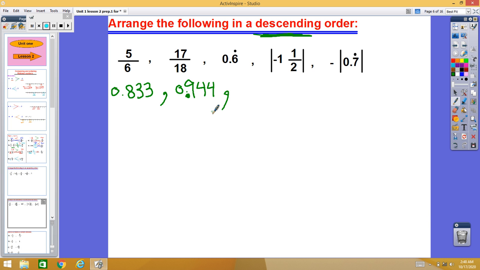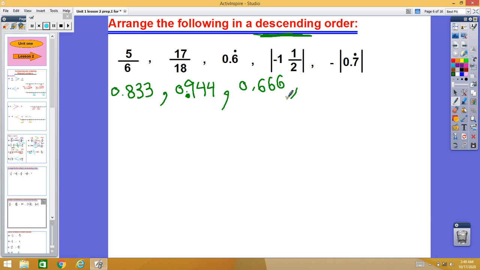The next one, we have recurring decimal 0.6. So you can change it into a decimal by writing 0.666. We need only 3 decimal places. If we have absolute negative 1.5, as we know, the absolute value of any number except 0 is always positive.